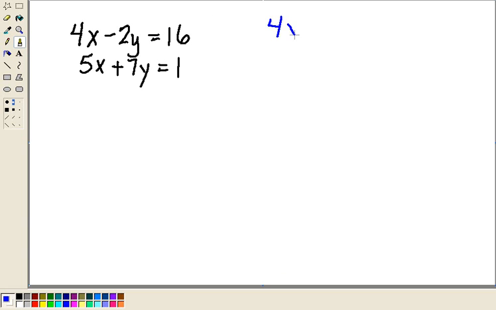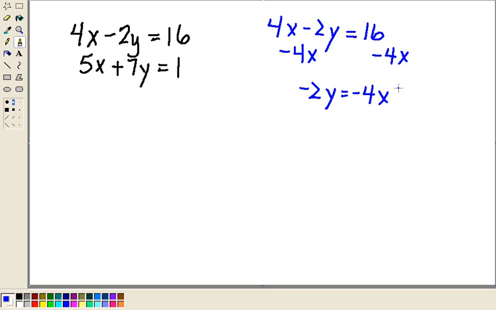So I have 4x minus 2y equals 16. To isolate y, I'll subtract the 4x from each side. Okay, so I'm left with minus 2y equals minus 4x plus 16.